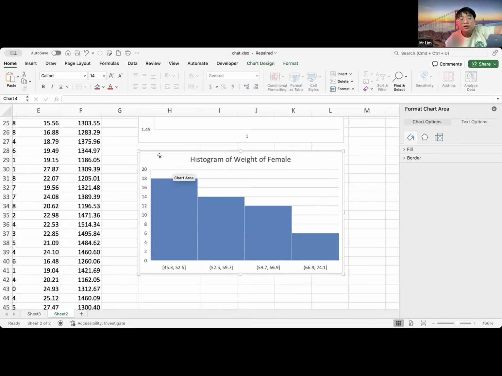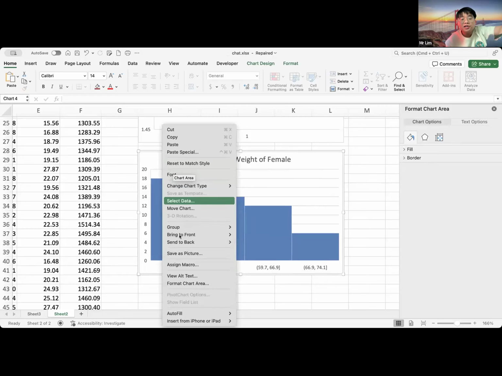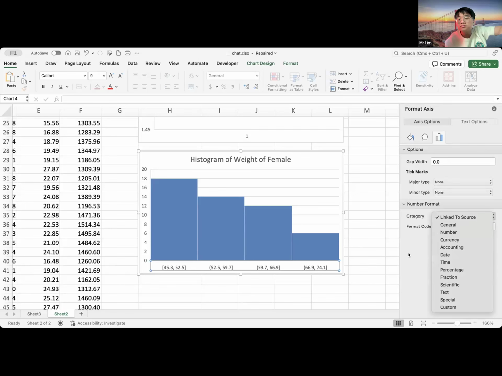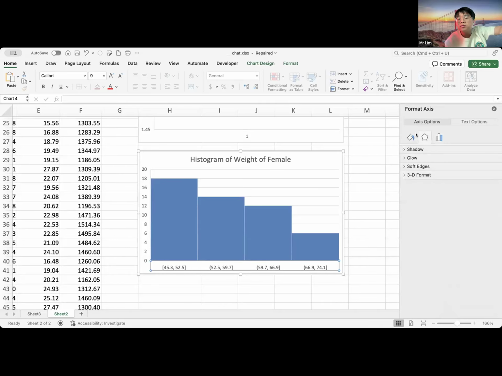If you think the x-axis is not nice to see, maybe we can change our x-axis. Format axis. What's this?